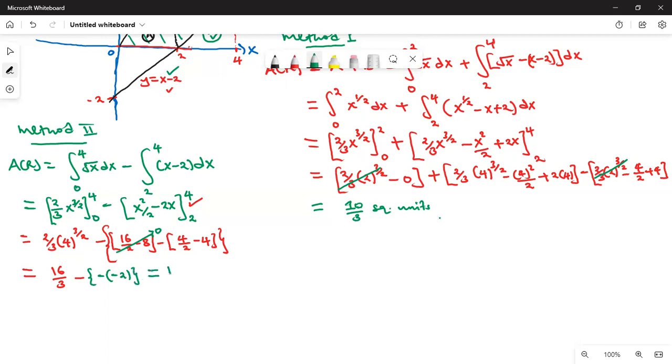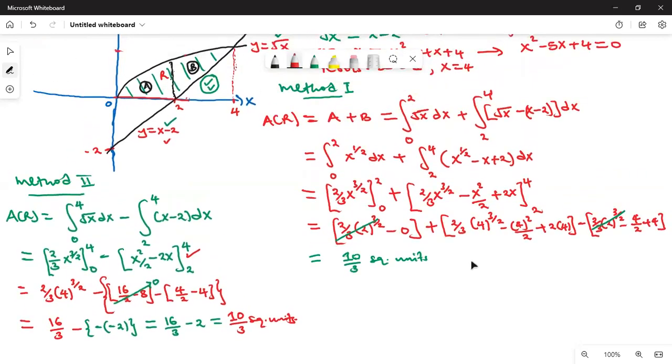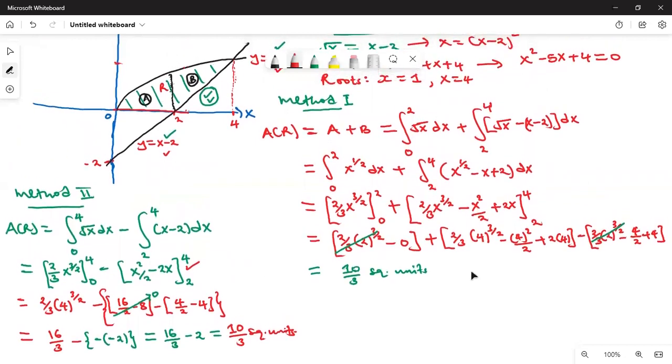And so that is the same as 16 over 3 minus 2. 2 is the same as 6 over 3. So that will give us 10 over 3 square units. Which one is easier? I find method 2 to be easier than method 1, where we are to partition, but still you are getting the same results.